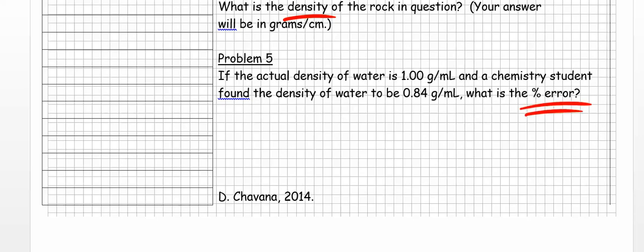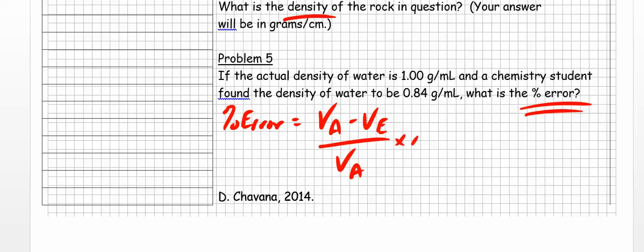Okay, so we're back to a concept that we talked about in the last video, and that is percent error. Remember that percent error was equal to the value accepted minus the value experimental, divided by the value accepted, times 100, just like that.